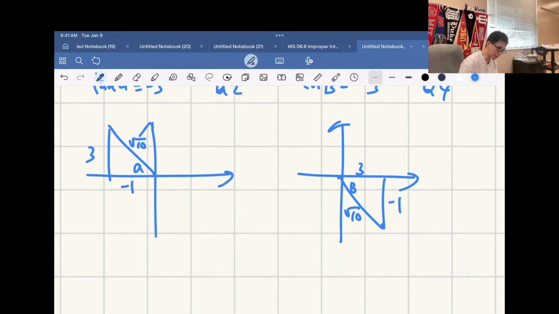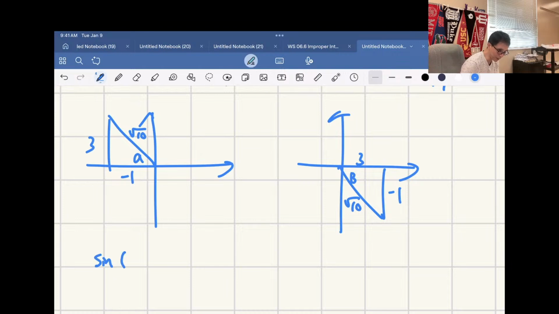And they ask what is sine of A plus B. So A plus B here, that's going to be sine, cosine, cosine, sine. And this is A, B, and this is a plus. So sine of A is equal to 3 over root 10.